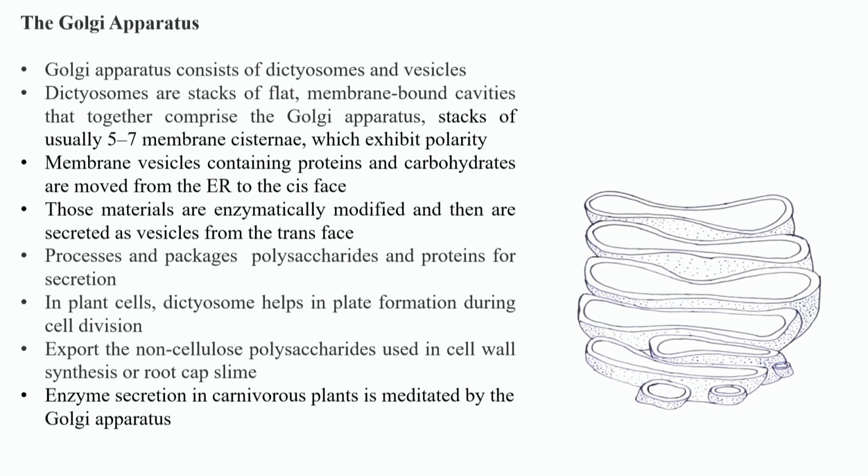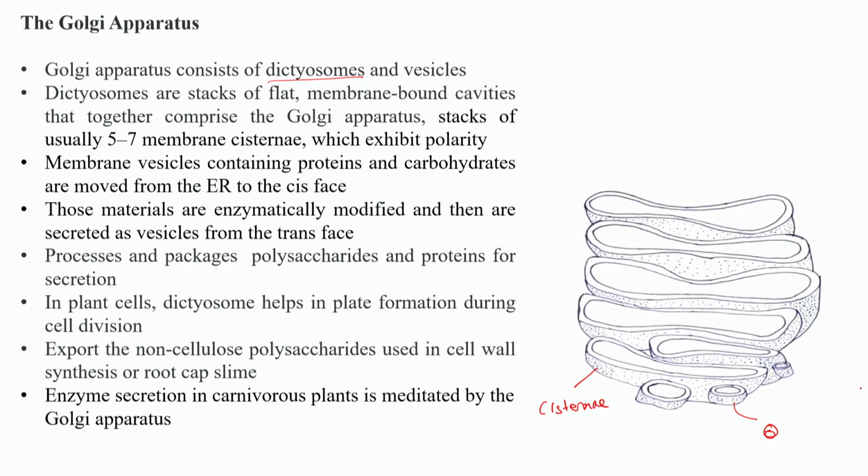Each of those stacks is known as a dictyosome. Each dictyosome contains several flat membrane cavities, basically 5 to 7, and each one is known as a cisterna. You can also see a lot of small vesicles attached to this Golgi complex.